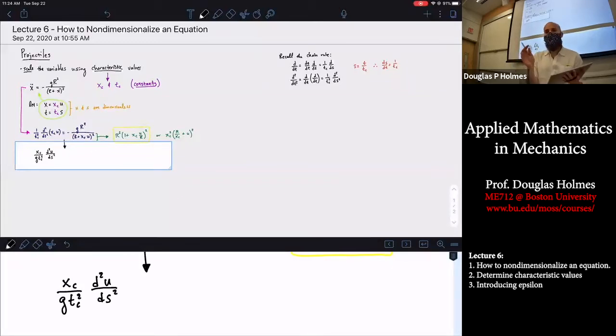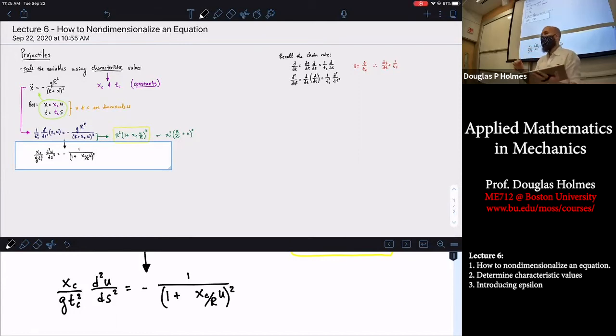I'm choosing not to, just so that there's no ambiguity, because I said at the outset of this lecture that the double dot notation was the second derivative with respect to time, and so just so that we're not thinking that that's with time, I'm leaving it as a second derivative here. All right, that equals negative one over (1 plus xc over r times u) all squared.